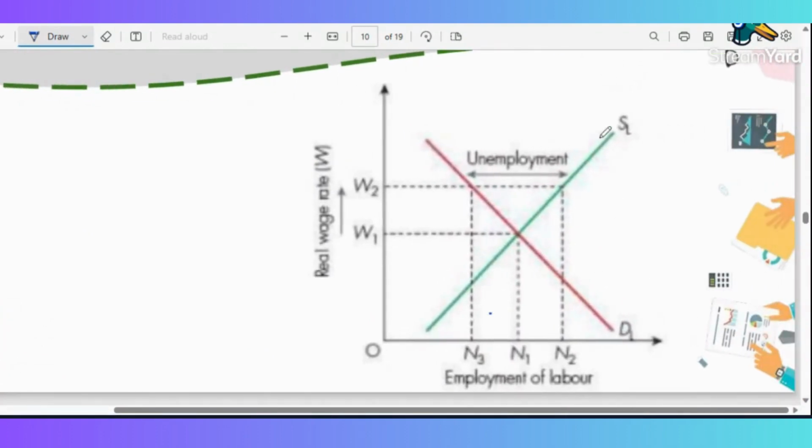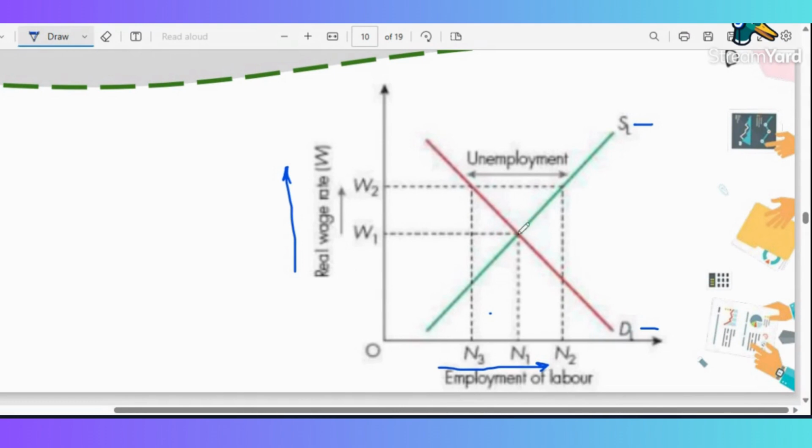Right here we're seeing the supply of labor, upward sloping, and we have the demand for labor here, which is downward sloping. We have our two axes here. This is the real wage rate increasing, and here we have the employment of labor.